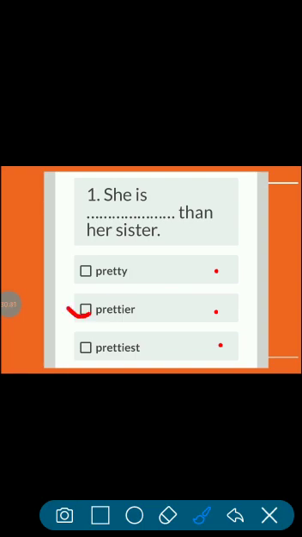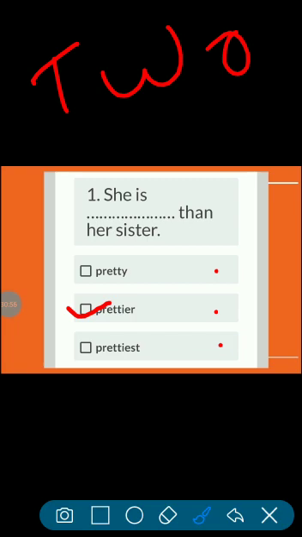Yes, it is prettier. Why prettier? Do you remember? We talked in the beginning that when we have to compare two things, when there is comparison between two, she and her sister, we use the comparative degree. All right.